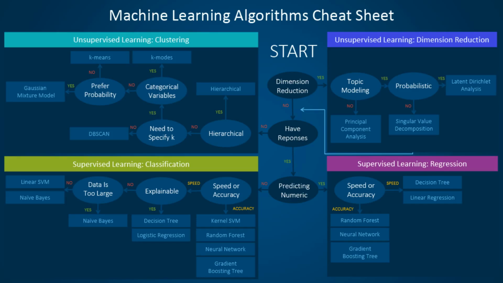Speed or accuracy? Let's be very accurate. Okay, so we've got neural networks available to us. If we want something really fast, we have linear support vector machines, logistic regression, something that would be quicker like that. So this is going to help you end up ultimately at an algorithm depending on the things that you value the most.